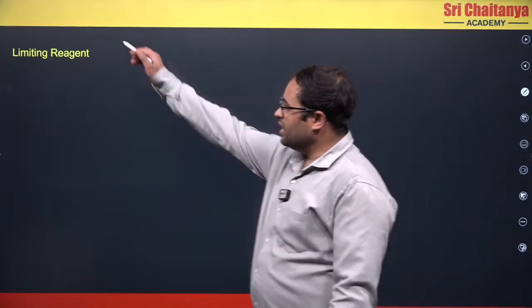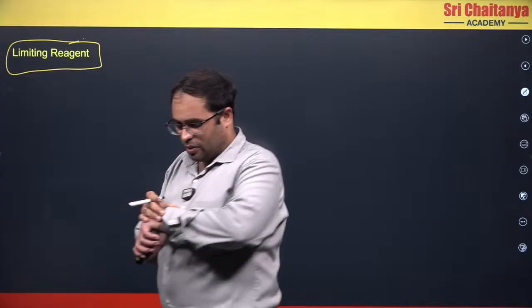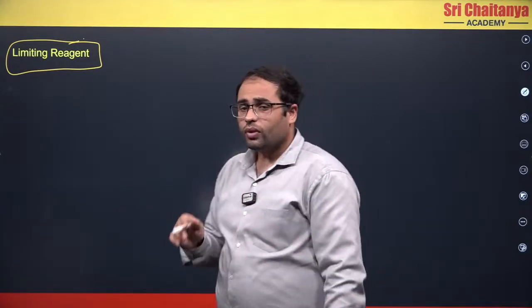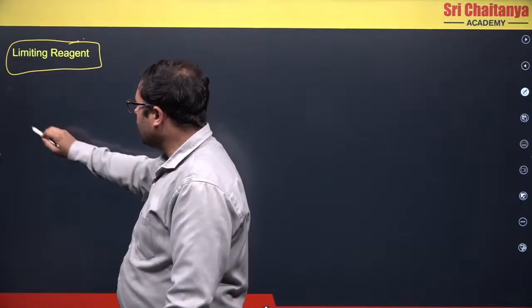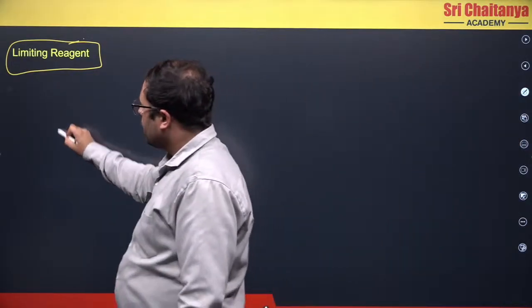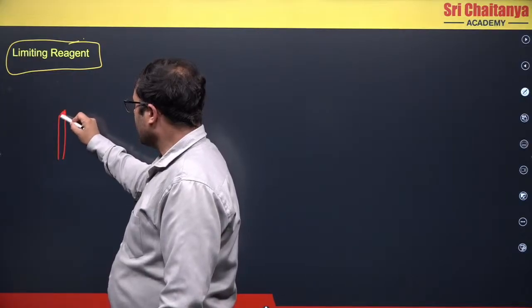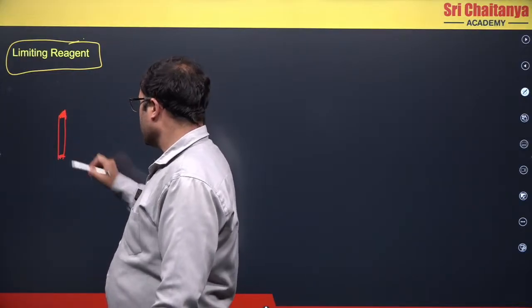Now, the next concept is limiting reagent. So how do you understand this concept of limiting reagent? Quite simply, suppose I have one red colored crayon, right?